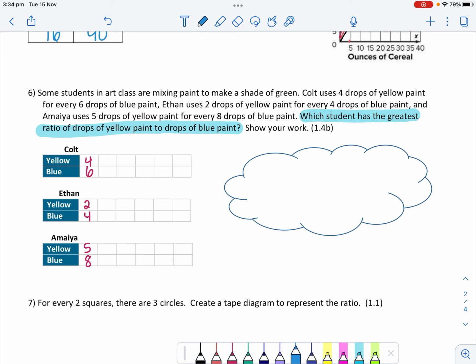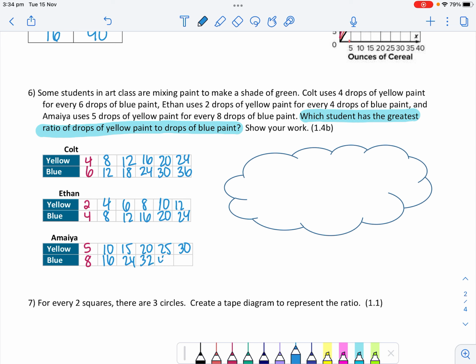So I'm going to continue my ratios: 8, 12, 16, 20, 24, 12, 18, 24, 30, 36, 4, 6, 8, 10, 12, 8, 12, 16, 20, 24, and then 10, 15, 20, 25, 30, and then 16, 24, 32, 40, 48. Now, I filled in the entire ratio table for each of these.